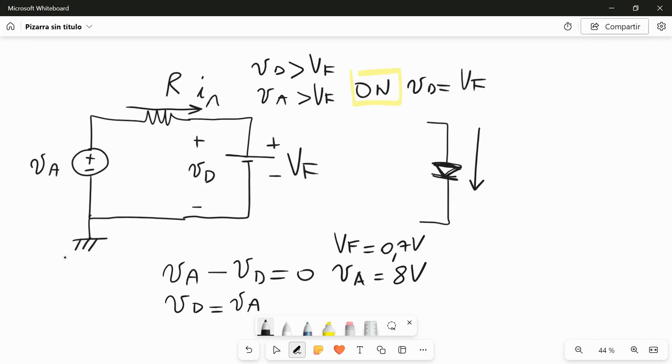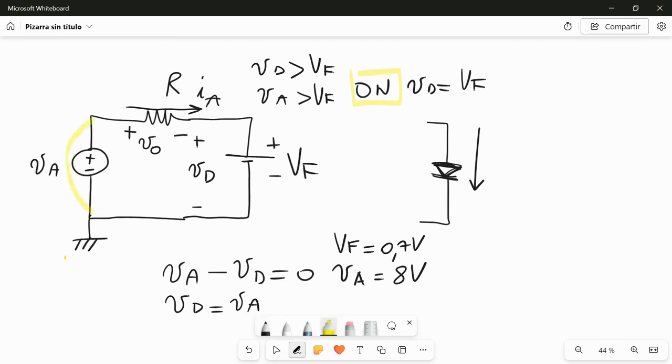Why not? Any name is good. And this current and this resistor will cause a voltage drop here. We can call this VR, for example, or V0. I mean, the names are not very relevant. So let's do this mesh again.